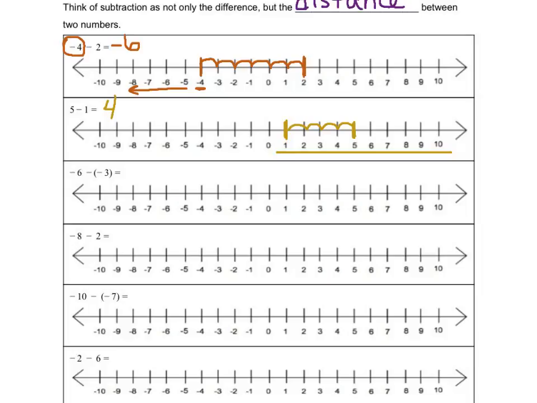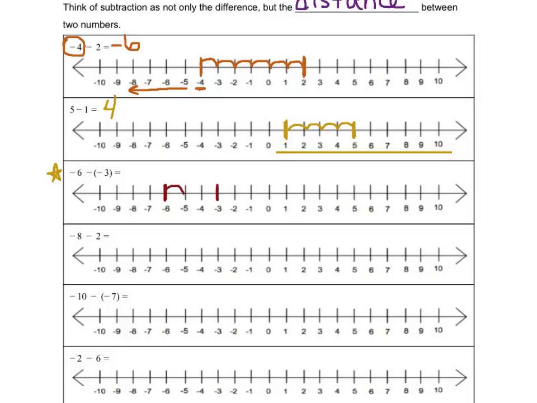The idea of distance specifically helps us in our next problem, because these can sometimes be the trickiest to understand. So I have a negative 6, and I am subtracting a negative 3. So I want to think about the distance between negative 6 and negative 3.